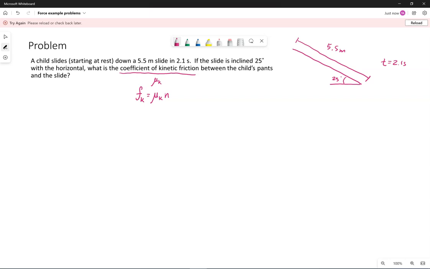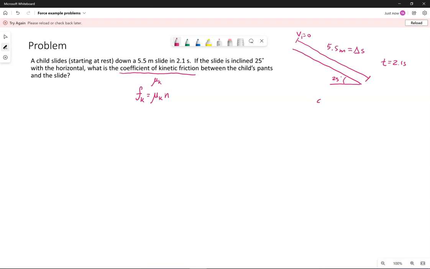So kinematic equations: knowing the child starts at rest, we know the distance the child is traveling, we know the time. That information from the previous section we can use to calculate an acceleration.